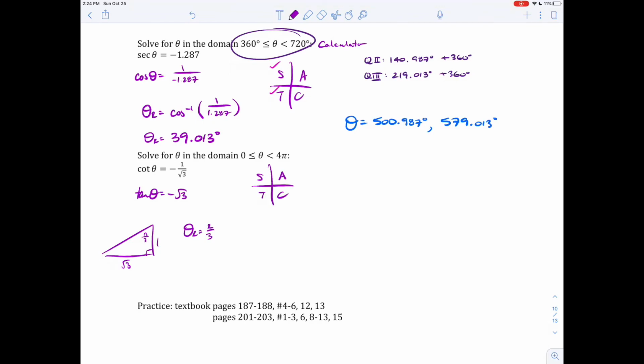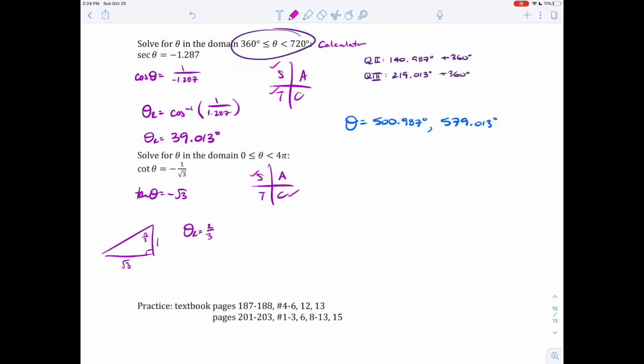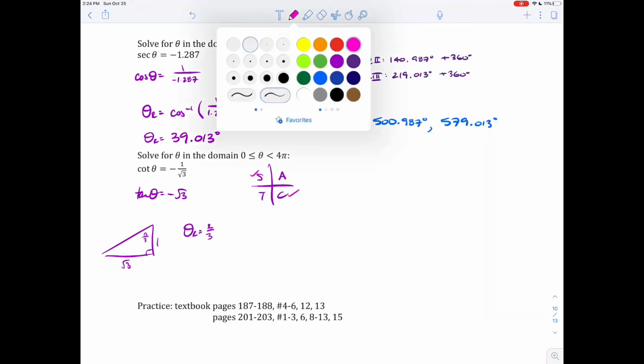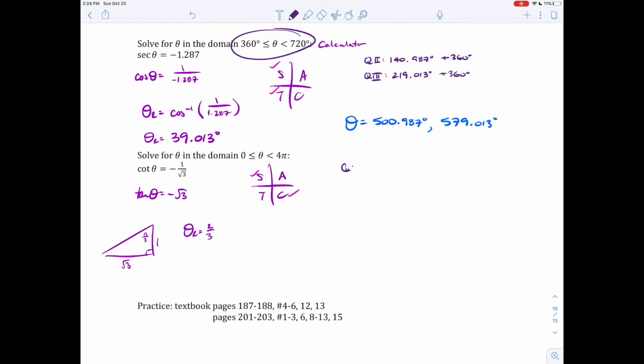According to the CAST rule, we are in quadrants 2 and 4. In quadrant 2, we're looking at 2 pi over 3, and in quadrant 4, we're looking at 5 pi over 3.